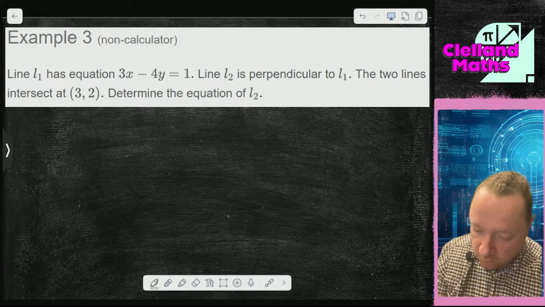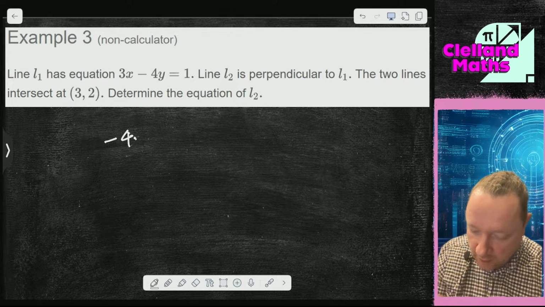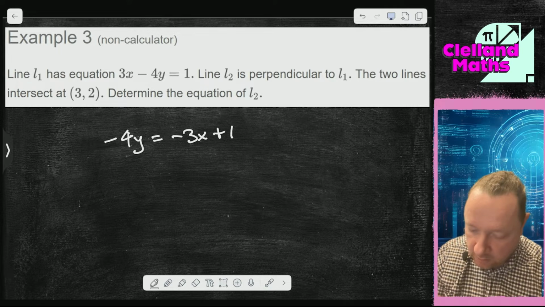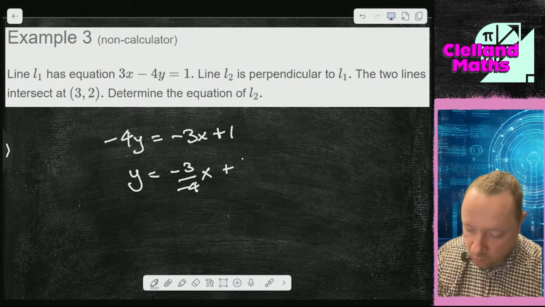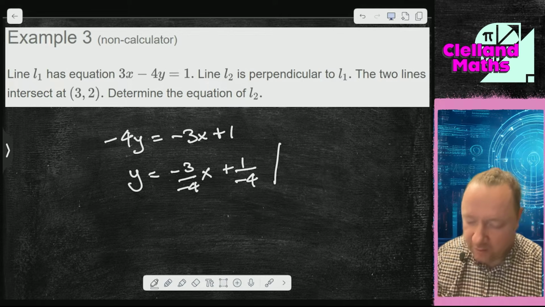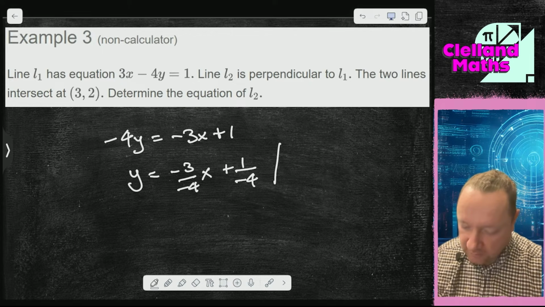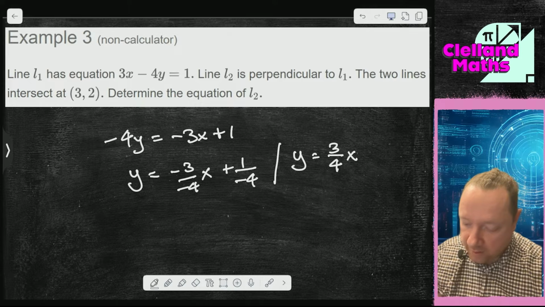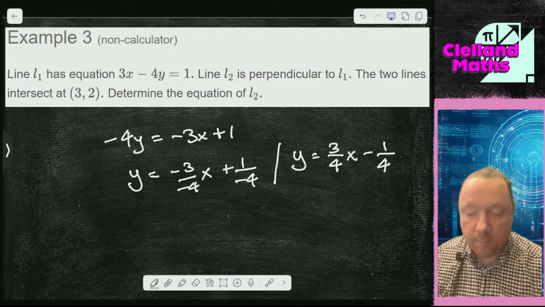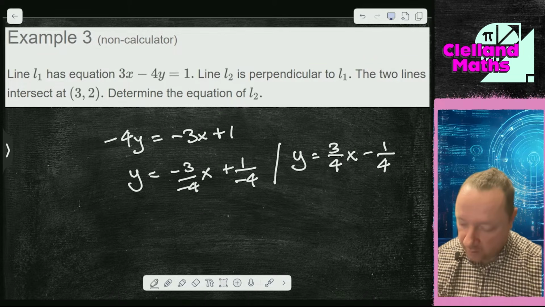Rearranging, we've got -4y = -3x + 1. So I need to divide by -4: (-3/-4)x, and then + 1/(-4). But we'll never leave it like that. A minus divided by a minus is a plus: 3/4 x, and then -1/4. You wouldn't leave a minus in the bottom either, so watch out for that.